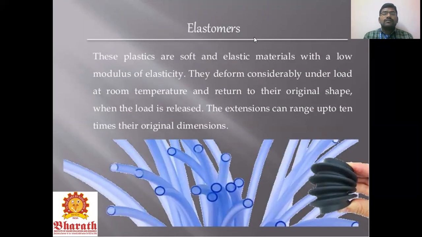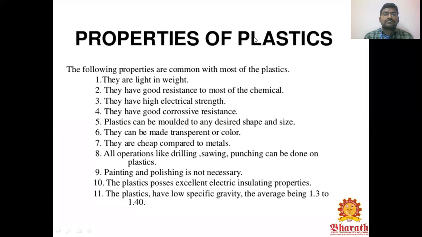These plastics are soft and elastic materials with a low modulus of elasticity. They deform considerably under the load at room temperature and return to the original shape when the load is released. The extension can range up to 10 times the original dimensions. Within these elastomers also there are different types of elastic, flexible material.